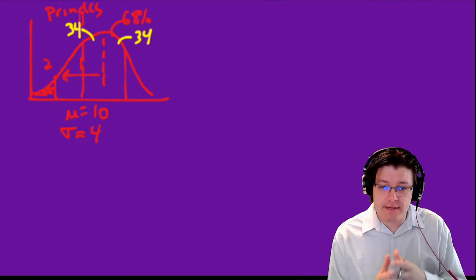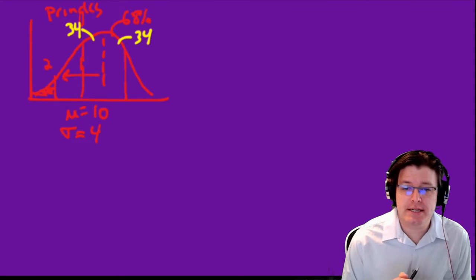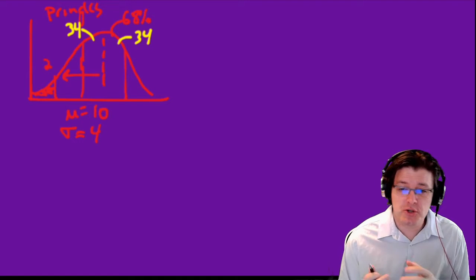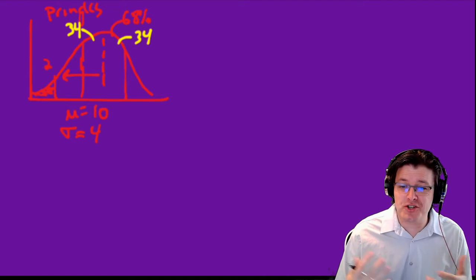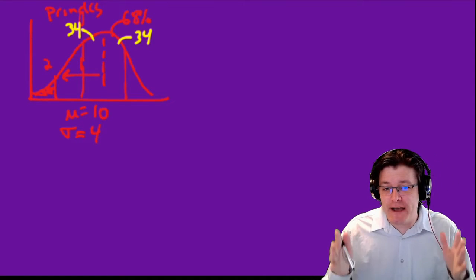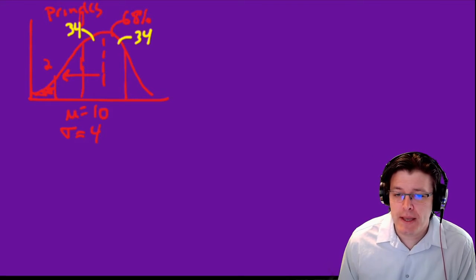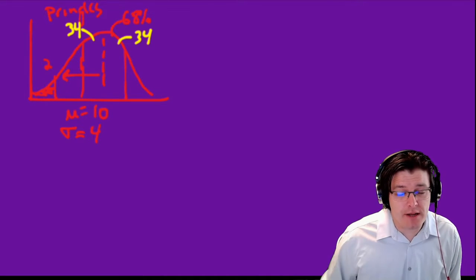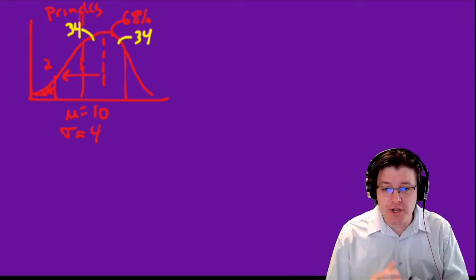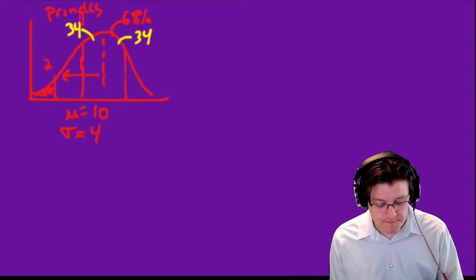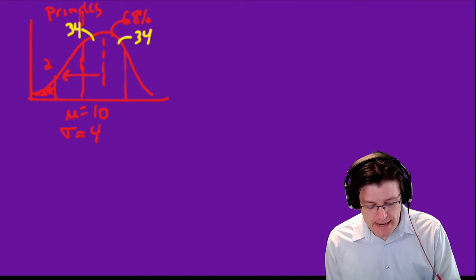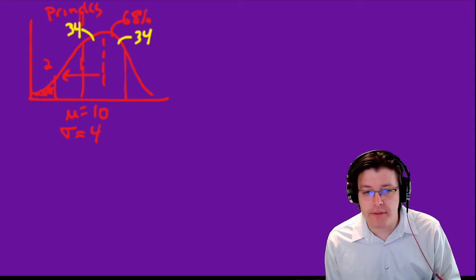That's 8 less than the mean, so it's 10 minus 4 minus 4. So we think there should be some connection to that 95% empirical rule, and as we'll see, it's pretty close. So let's go through and find the exact value, and we'll come back to this empirical rule thought in a second.